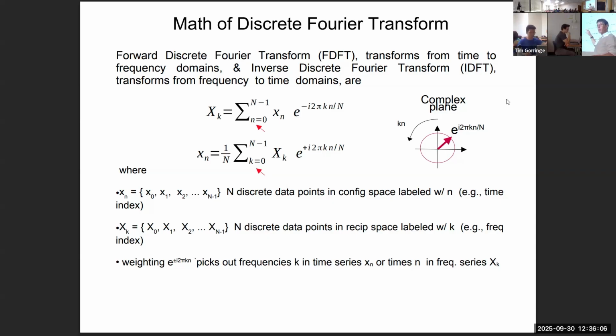It is complex, but it's picking out the different frequencies that contribute to the frequency spectrum of the time domain data. And downstairs here, when you go from the frequency domain to the time domain, think of the weighting factor as picking out the different time bins that contribute to the frequency spectrum. So the sum is over the frequencies in the domain data, and the weighting factor is picking out the role of each time bin in that frequency spectrum.